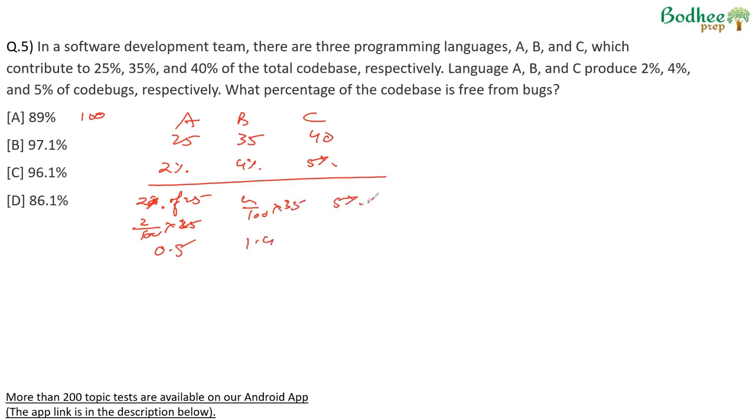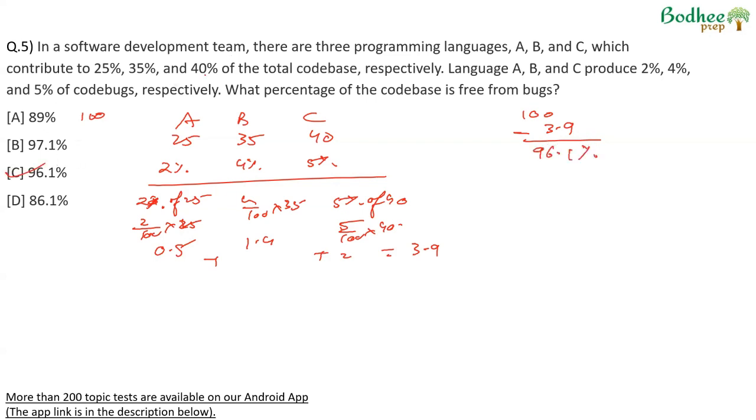Here it is 5% of 40, which will be 2. So the total amount of bugs is 0.5, 1.4, and 2, which comes out to 3.9. And therefore, the code which is bug free will be 100 minus 3.9, which will come out to 96.1%.